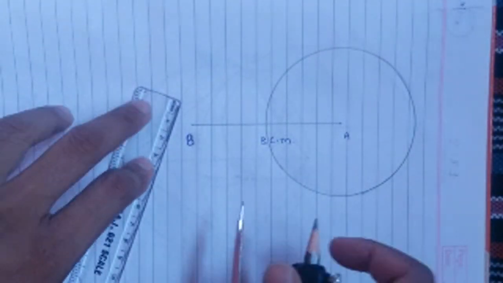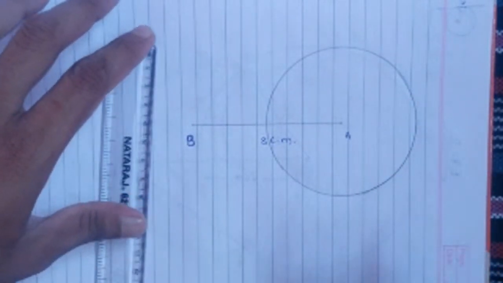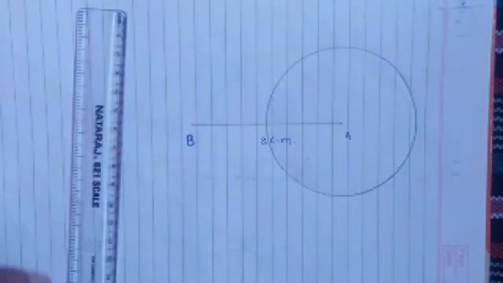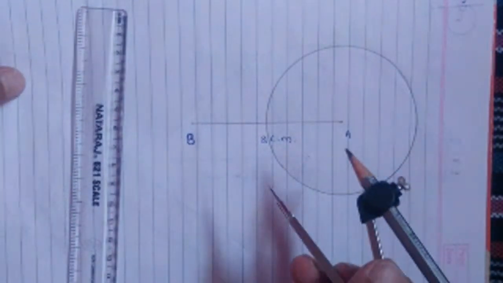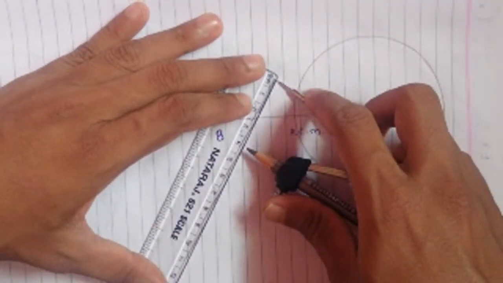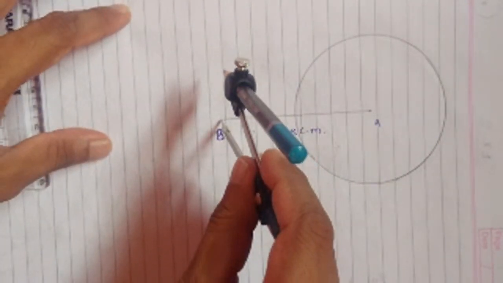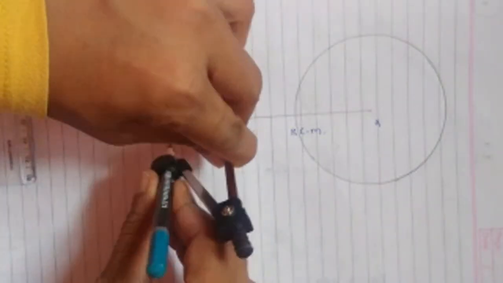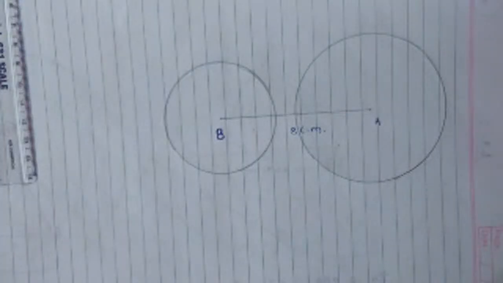The next, then taking B as the center, I have to draw a circle of radius 3 centimeter.